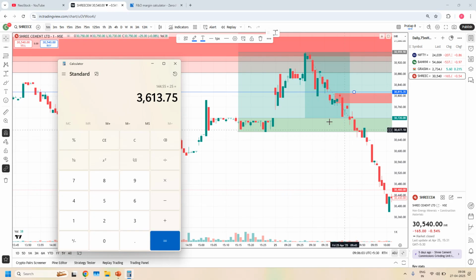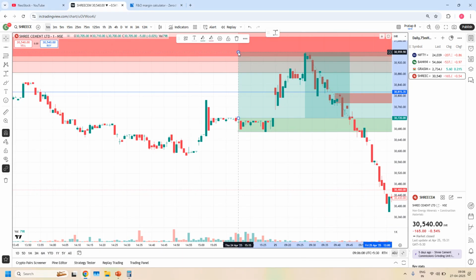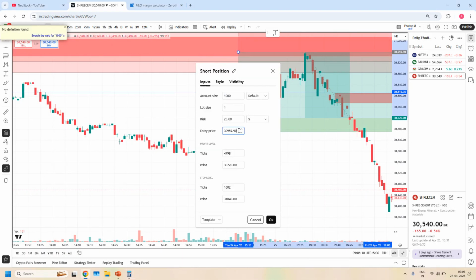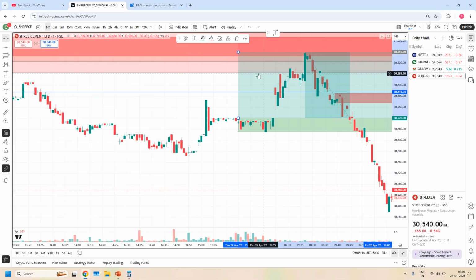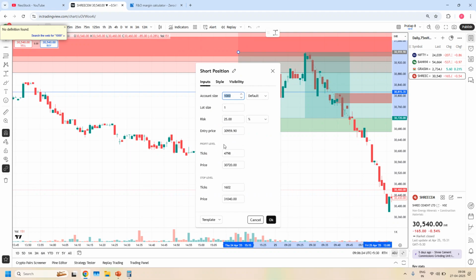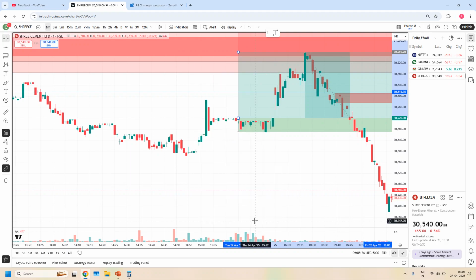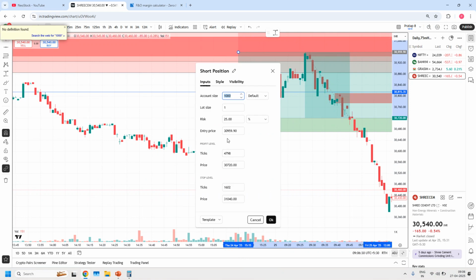Suppose if I book 1:3 profit level, how much I would have got? Let us do exact calculations, not rough calculations. So entry is same. Minus this 15 minutes demand zone, that is your 1:3 RR also. 15 minutes demand zone, already we have drawn this.